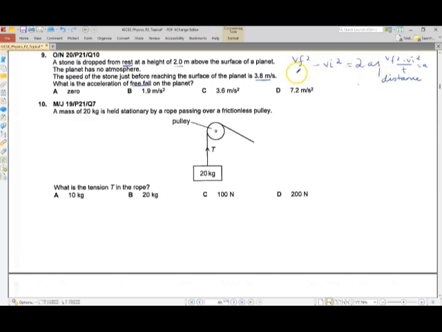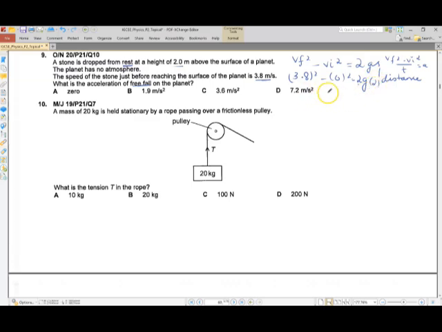Although if you know this formula, you can easily take out the answer with it. You can do 3.8 square, which is our final velocity. It started from rest, so 0, plus 2 times acceleration, or 2gs, or 2as. This we have to find, and the distance was 2 meters.